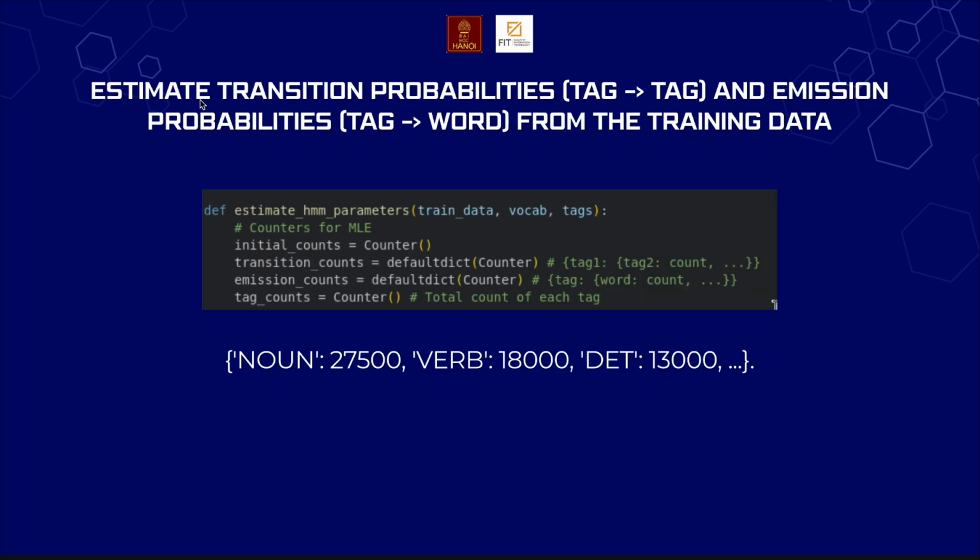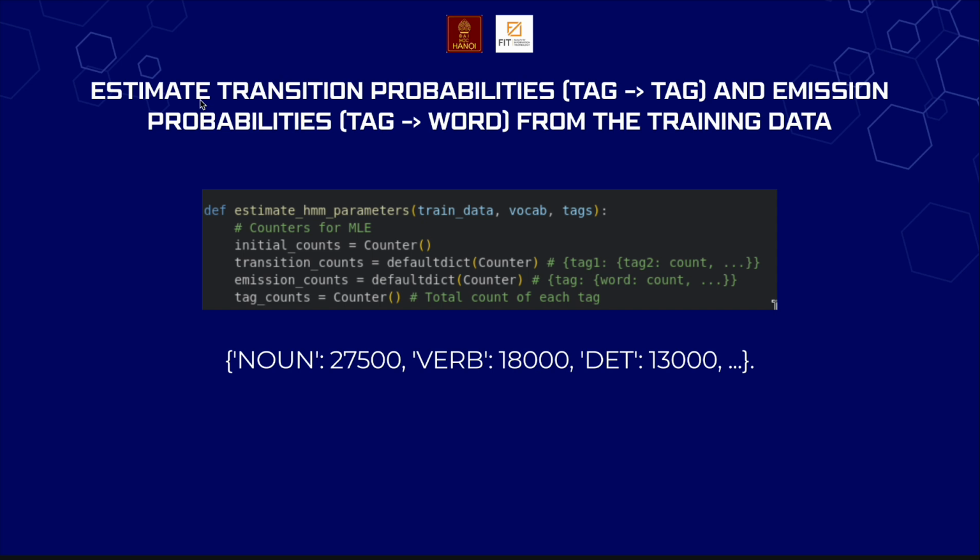So the next step is to estimate the transition probability, which is tag to tag, and the emission probability, which is tag to word, from the training data. So the tag count data will look like the dictionary I put below here: noun is 27,000 or verb is 18,000.